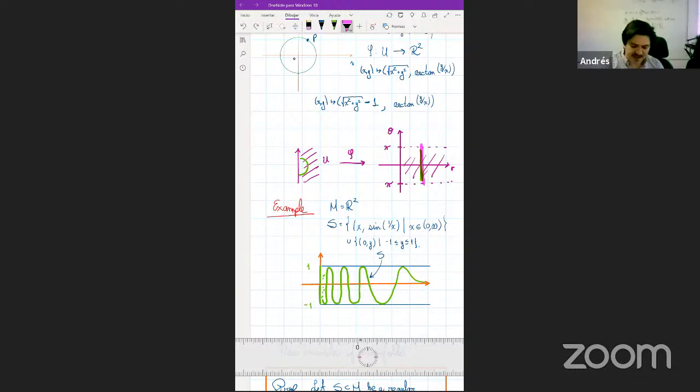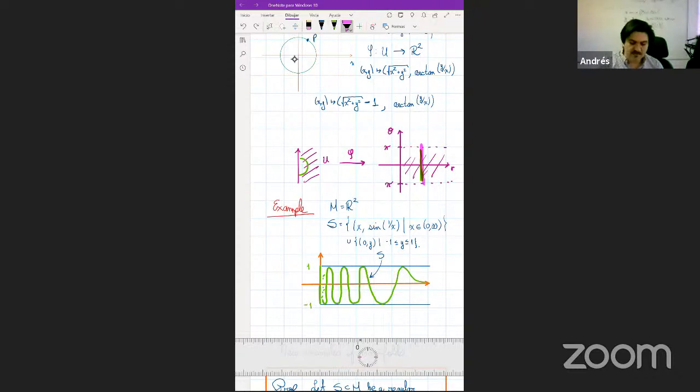Basically because at any point, you can find a neighborhood and you only have this. And then this basically corresponds to making x zero or y zero. However, the same issue fails here.